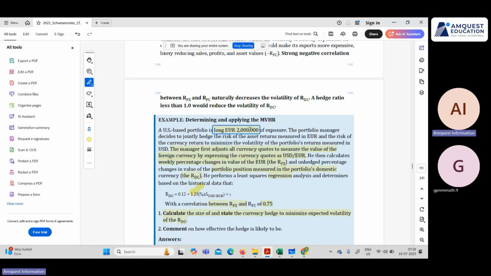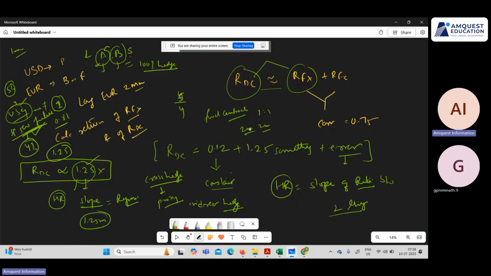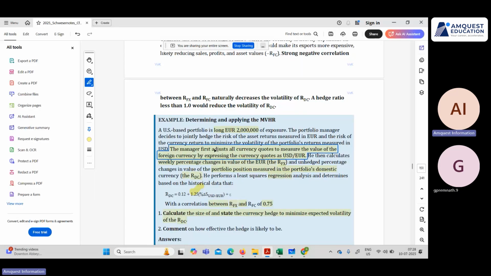So I will have to do 1.25 multiplied by 2 million short. Short, because the original position is long euro. To hedge it, I will have to short euro. With what ratio? The hedge ratio, the value is 1.25. So 1.25 multiplied by 2 million.